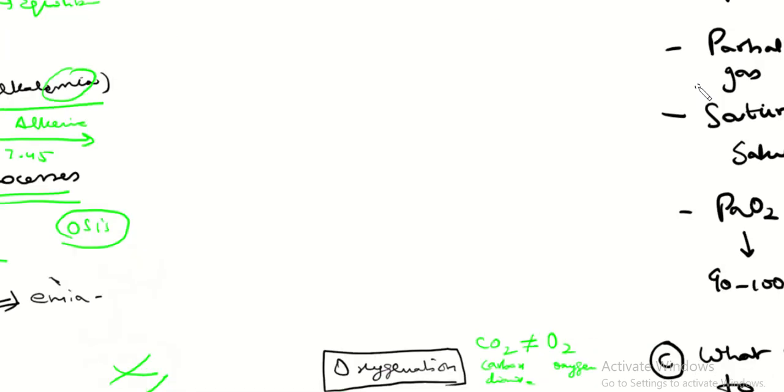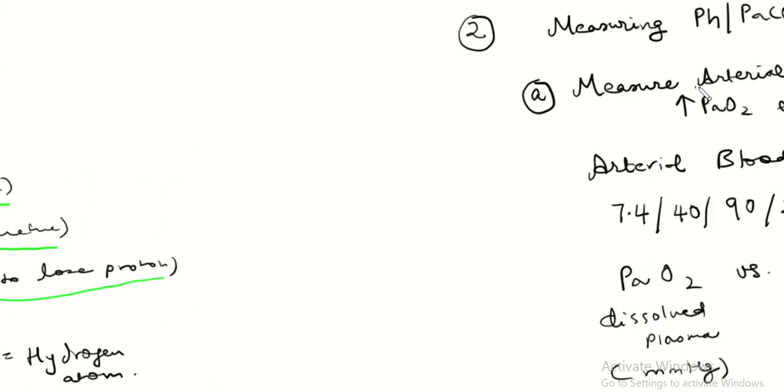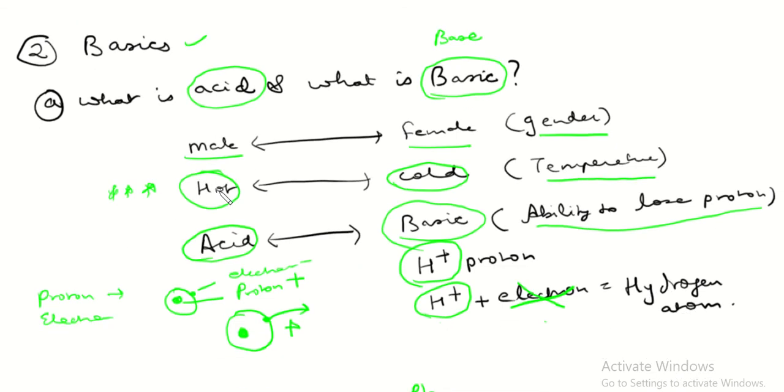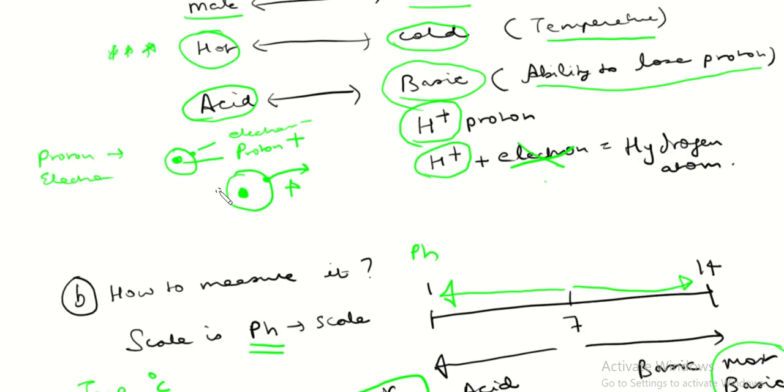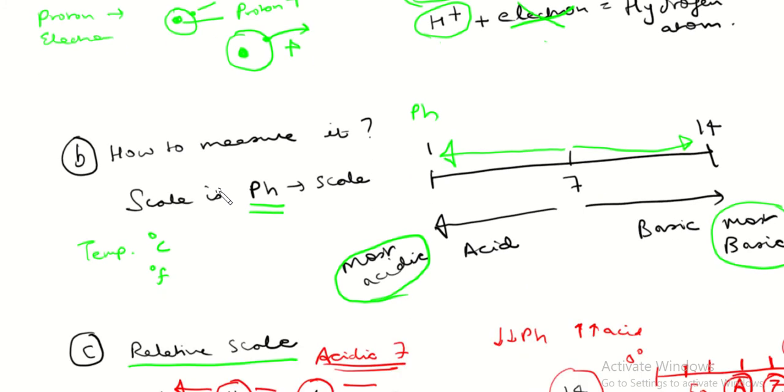All right. So that's quite a bit of stuff we covered. Okay, so let's do a quick review of this. We talked about acid and base and what they are, and the ability of the acids to donate protons and base to accept protons.